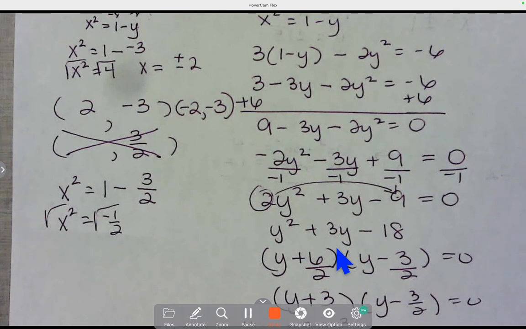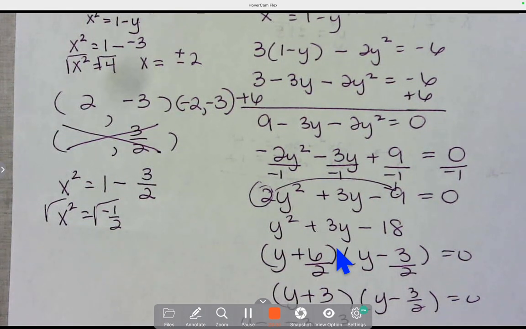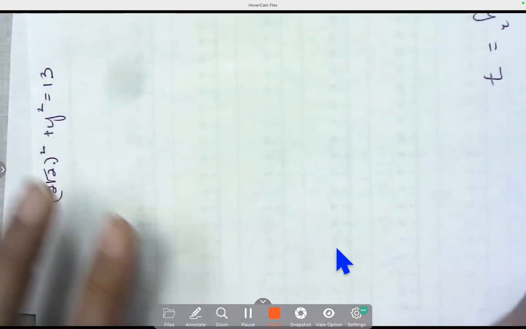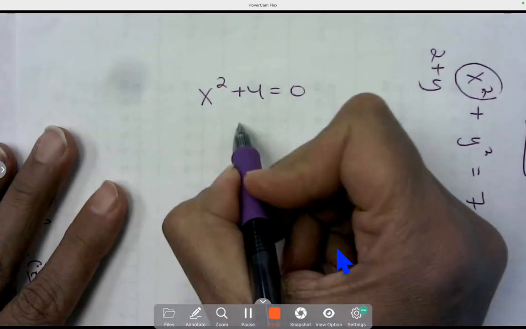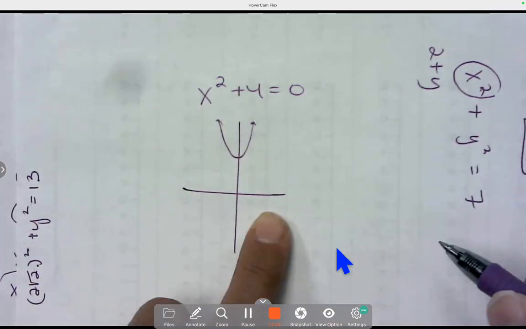No, because if it's imaginary, it doesn't exist. It's not a real number. So you don't put i there because we've learned that you can solve any equation. It's like when you have x squared plus 4 equals 0. If you were to graph that, it's up here. There are no zeros.